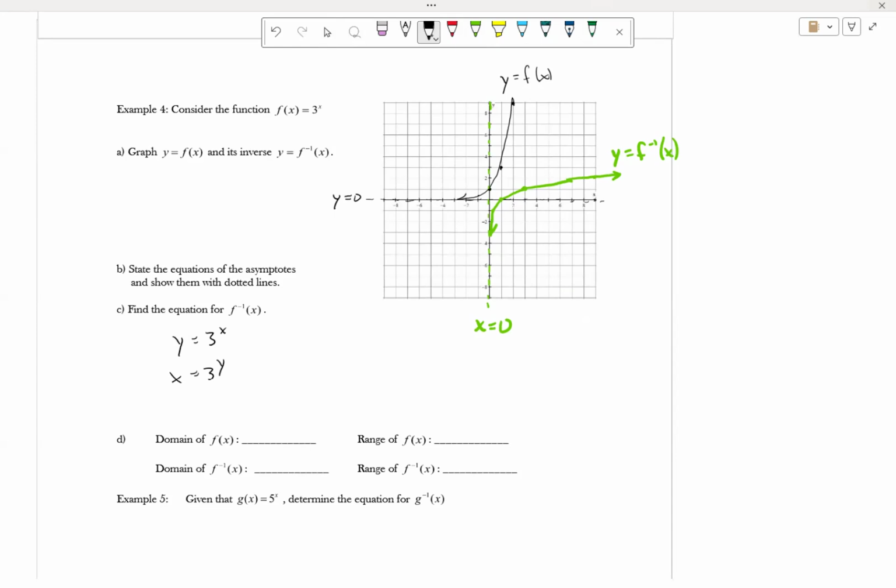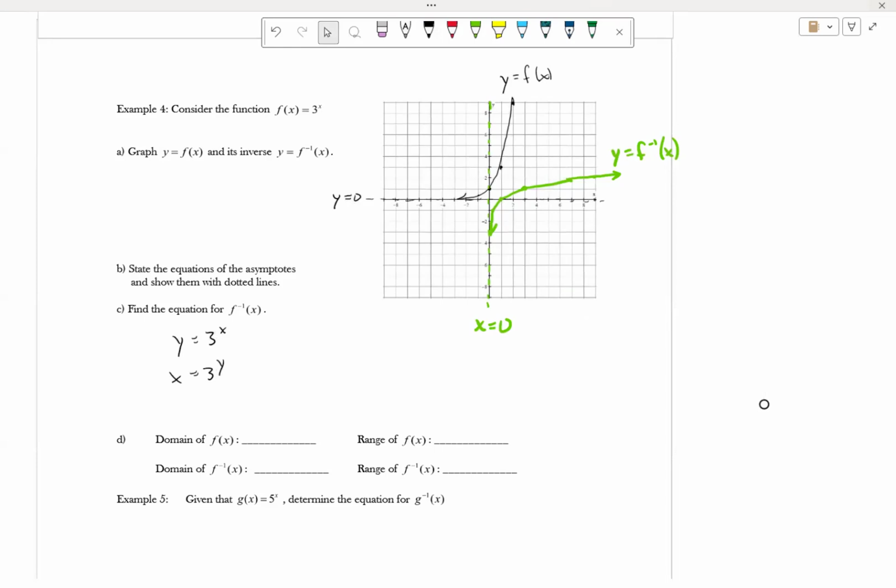Check with your neighbor. Hey, Upton, how did you rewrite that equation? What should I start with?